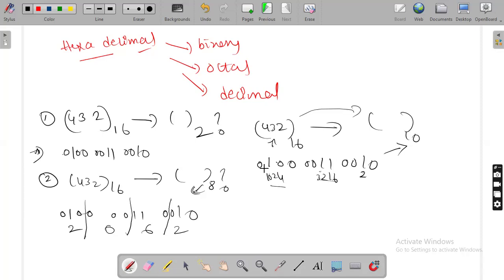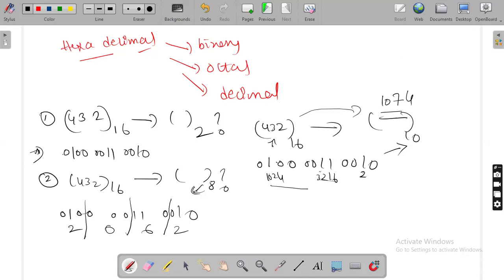So what is the answer? 1024 plus 32 plus 16 plus 2. What is the answer? 1074 is the answer. So hexadecimal 432 in decimal is 1074. Okay?